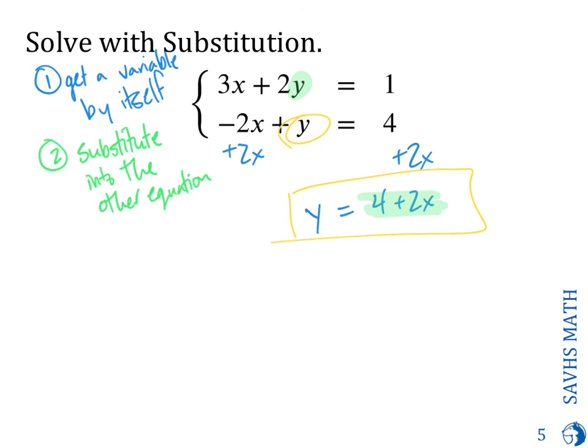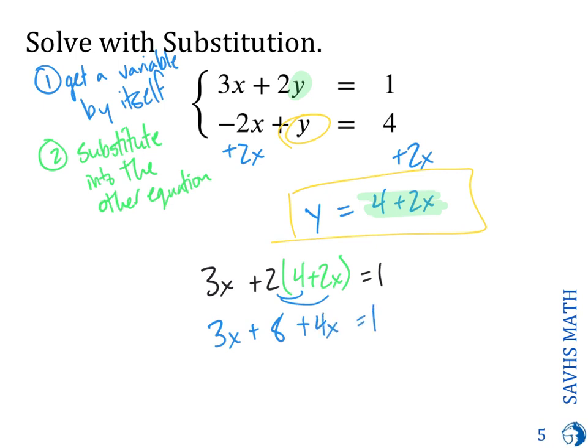Okay, so then I'm going to rewrite, so I get 3x plus 2, not y, but 4 plus 2x equals 1. Then I need to distribute and combine like terms, so I get 3x plus, 2 times 4 is 8, 2 times 2x is 4x equals 1.